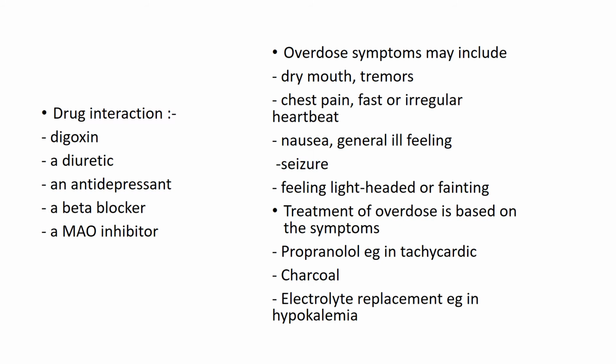The treatment of albuterol overdose is based on the symptoms. For example, we can use propranolol in the case of tachycardia. We can use charcoal in the initial management of albuterol overdose, and we can do electrolyte replacement in the case of hypokalemia.